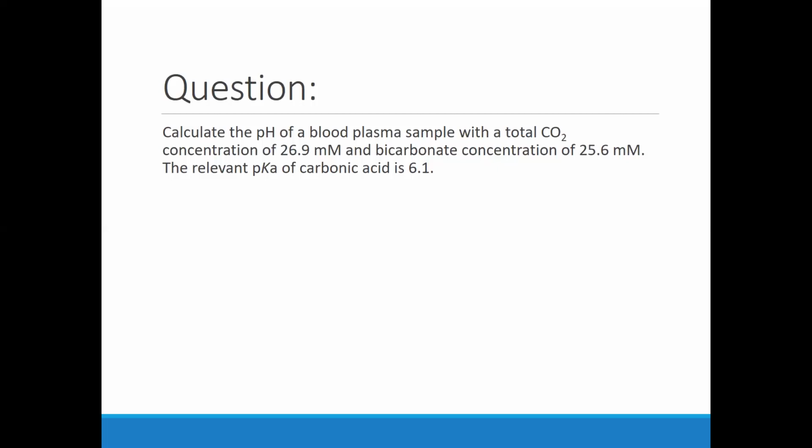Our blood buffering system, again, is this kind of complex equation where we have CO2 that goes to what we're calling carbonate. And again, I will write that out so you see what that is. H2CO3.